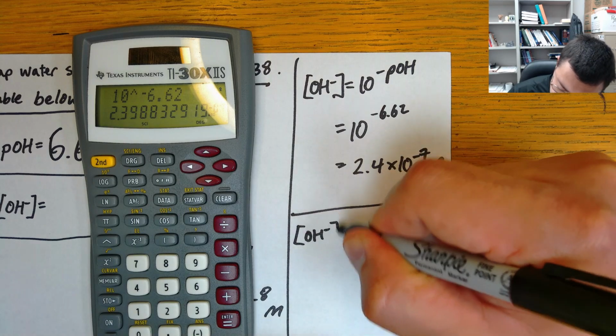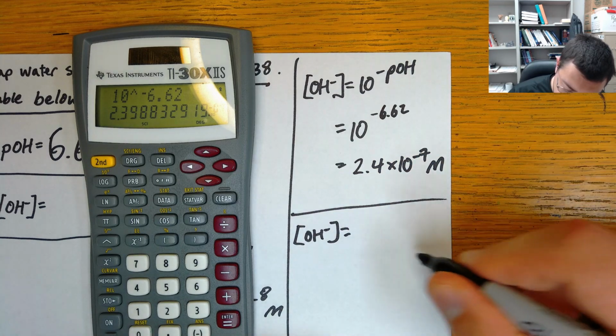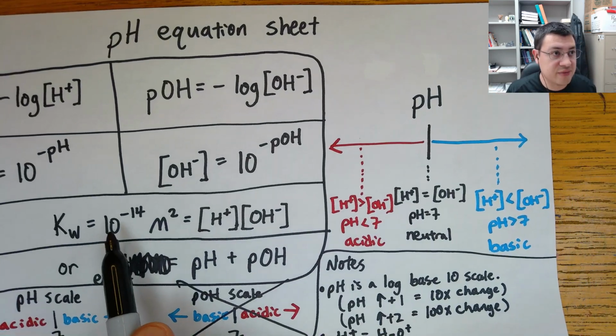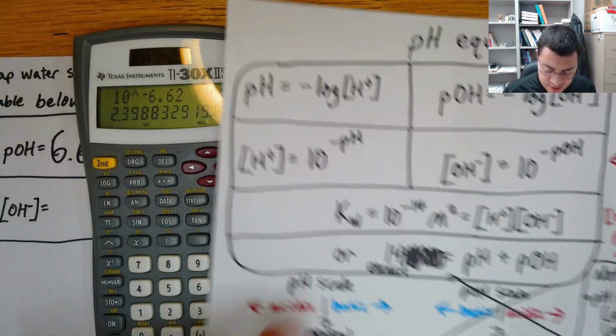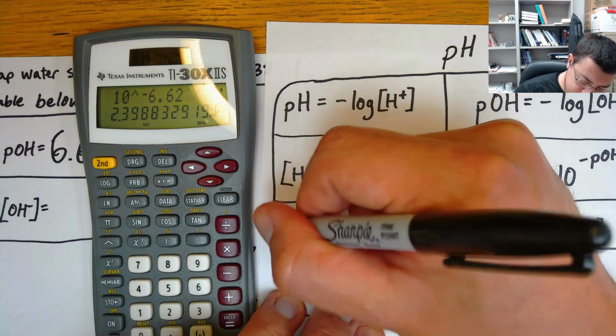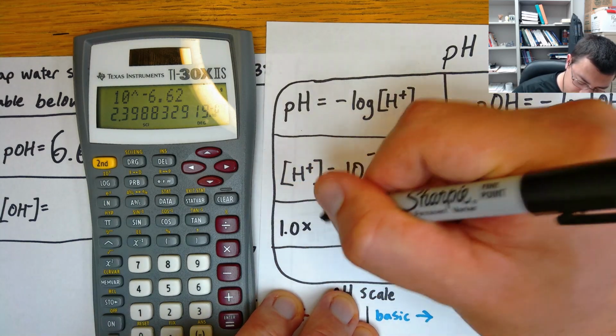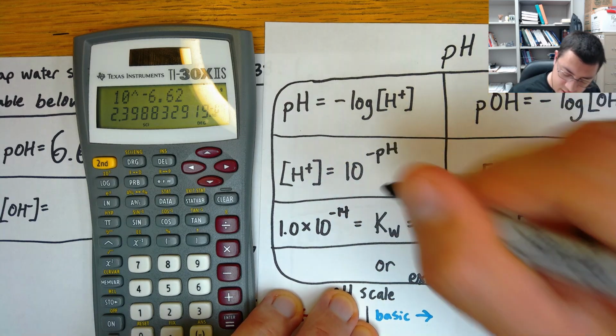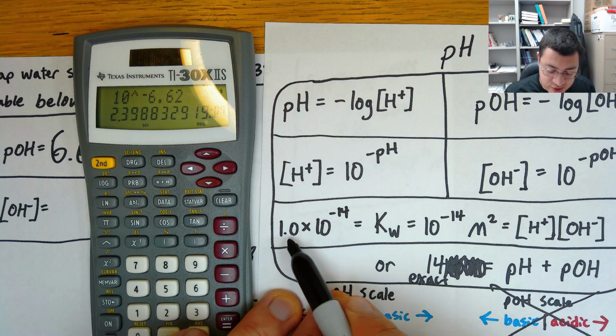OH minus is equal to the auto-ionization constant of water, which is 10 to the minus 14 molarity squared. Sometimes, you know, I should have done this earlier. Some people like to write it this way, with a 1.0 in front.